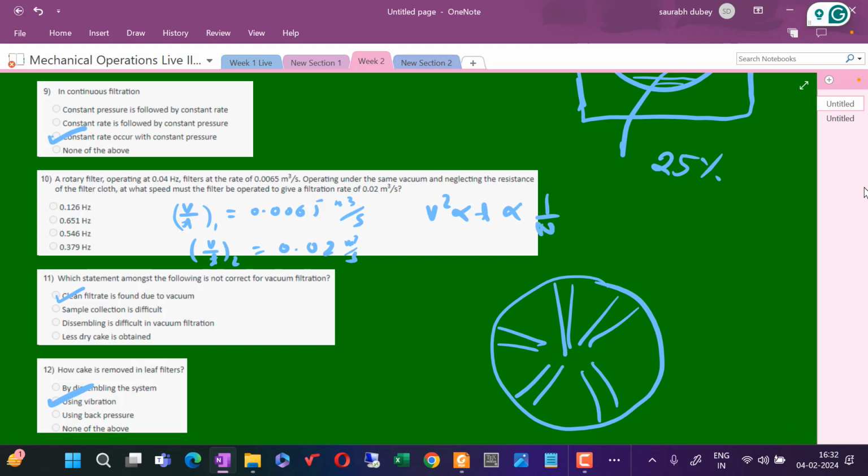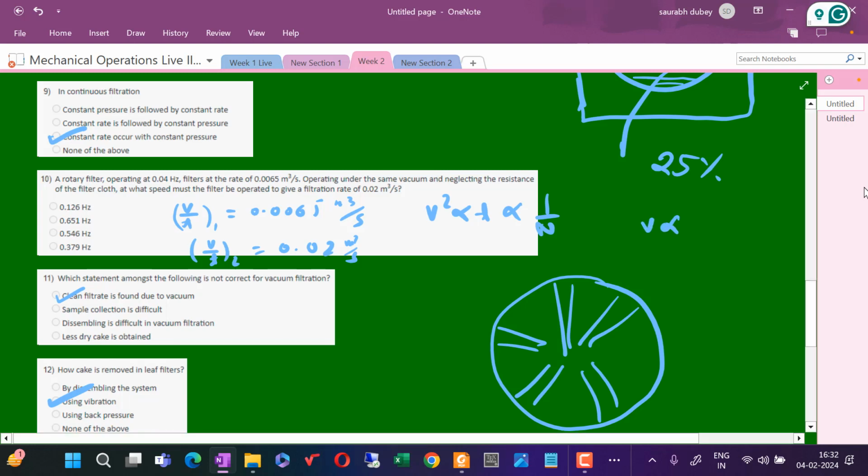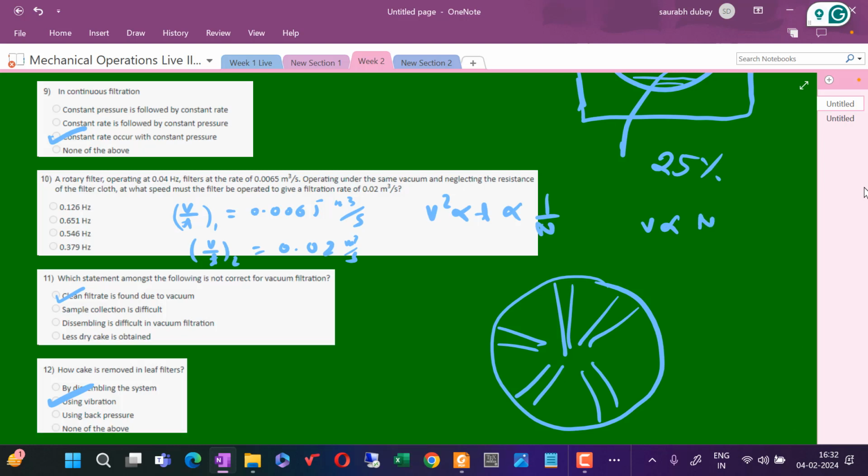So from here you can calculate that v is directly proportional to n to the power minus 0.5, and t is directly proportional to n to the power minus 1.